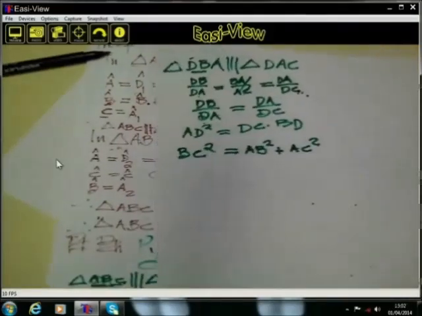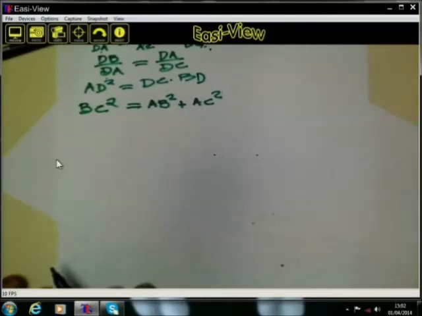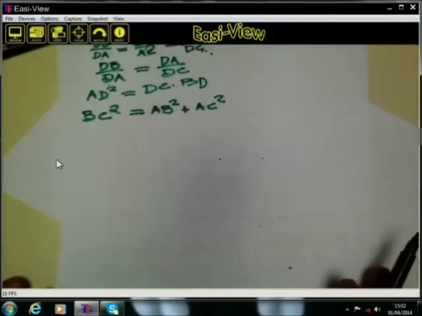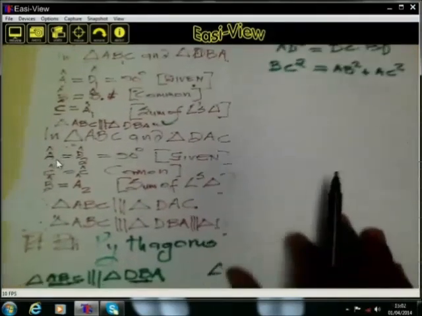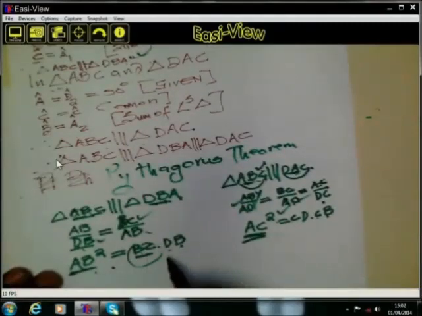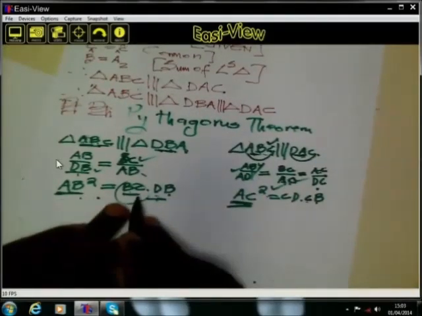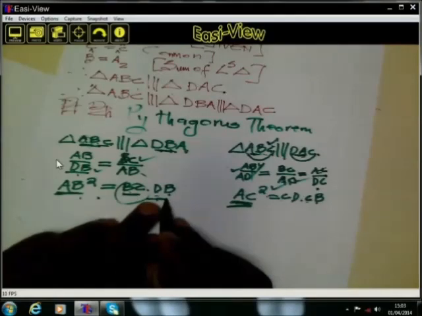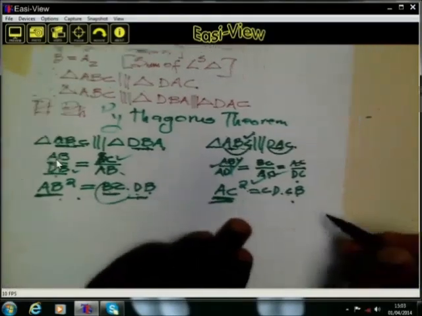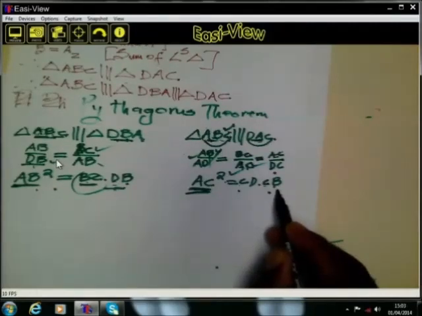But for us to be able to do that, we have proved the following. We have proved that AB squared is equal to BC multiplied by DB, and AC squared is equal to CD multiplied by CB.